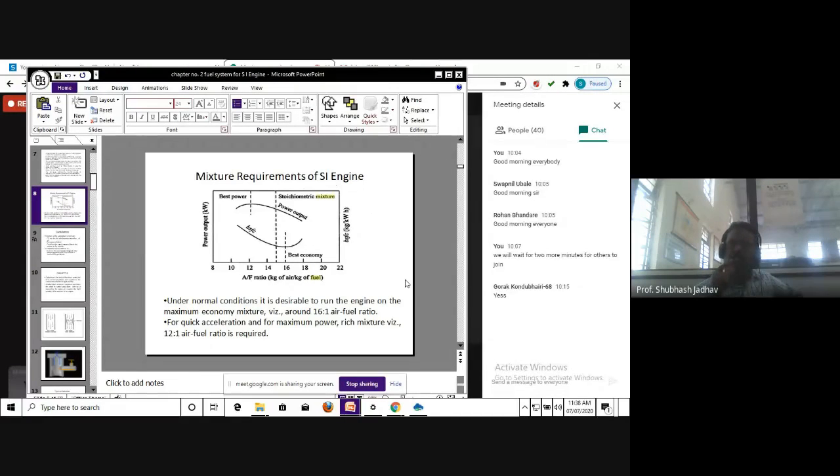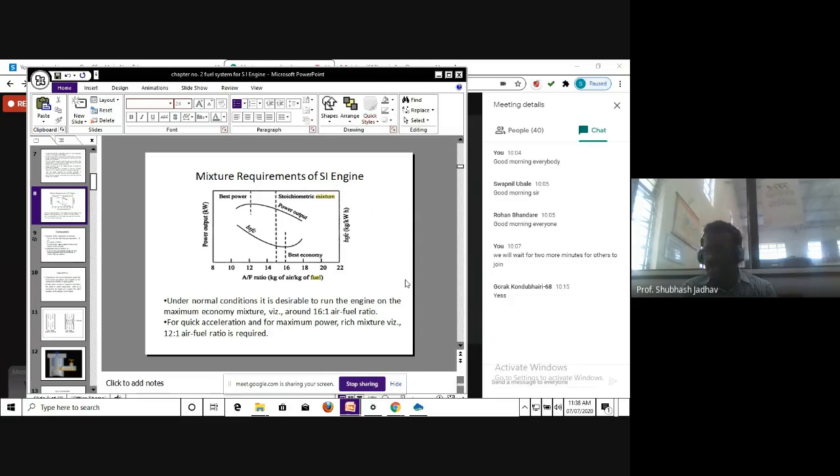That means the time available for completing the operation has decreased because the engine speed has increased. That is how it affects the process, because now we have less time to complete the same things we were doing earlier. At 1000 RPM we had some amount of time, and the same thing has to be done now in less time. That is how engine speed is going to affect it.